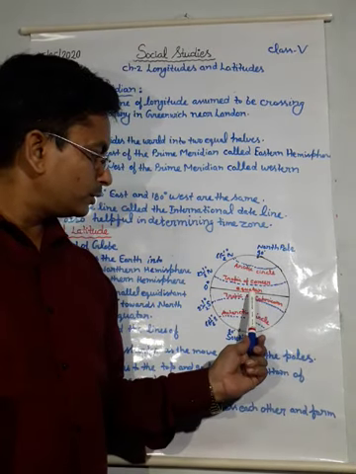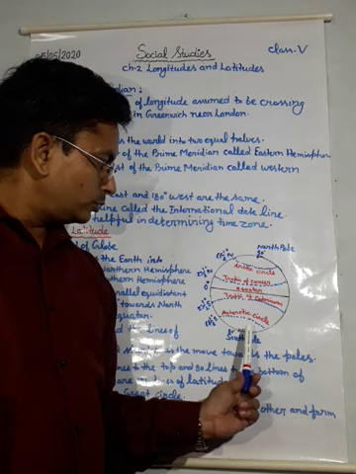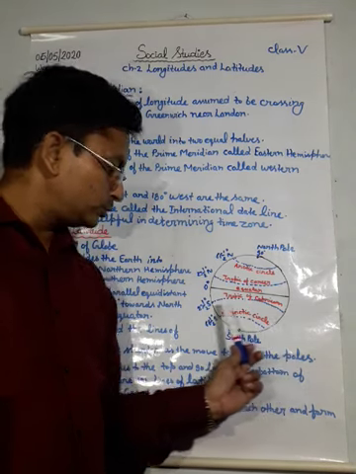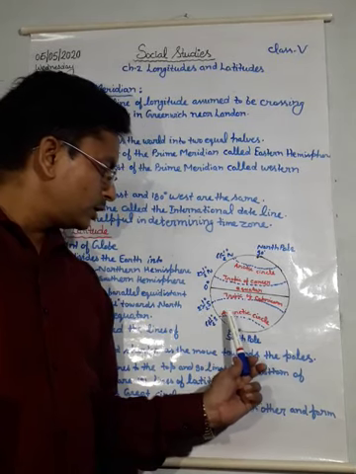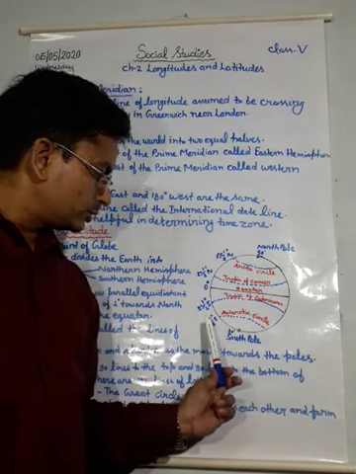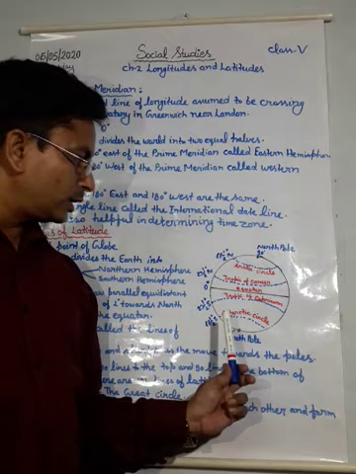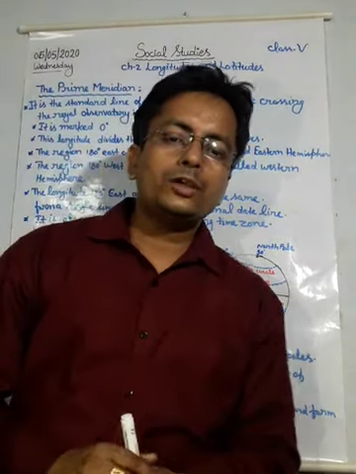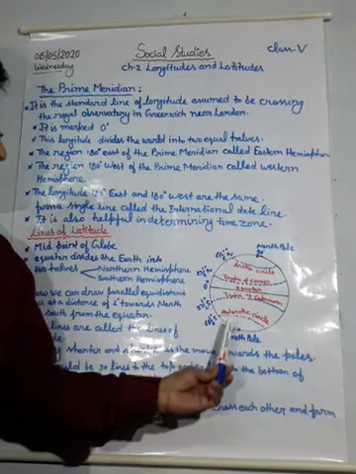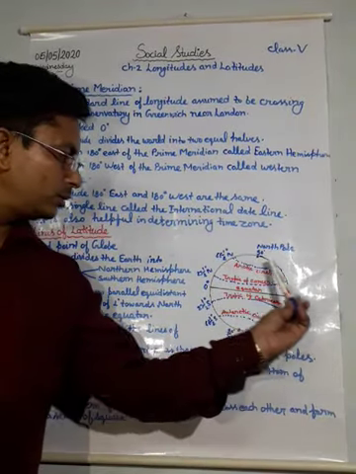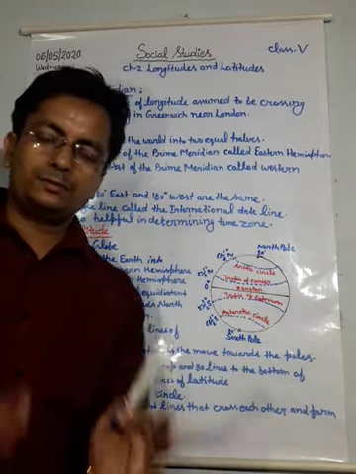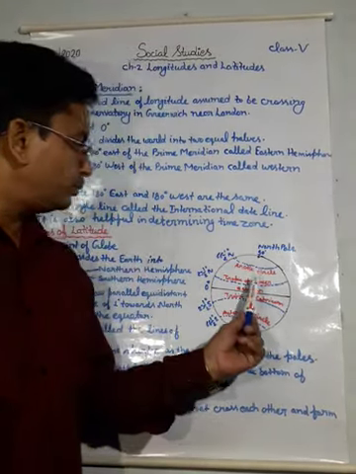In the same way, downside from the equator, Tropic of Capricorn, 23.5 degree south, Antarctic Circle, 66.5 degree south, and here is the north pole, south pole, 90 degree. So these are all the important latitudes that we locate on the globe.